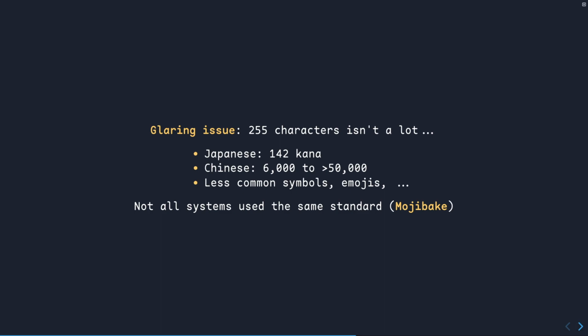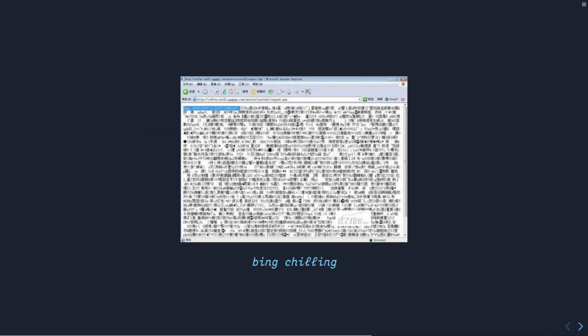And this is the cause for a concept called mojibake, from Japanese, where a text encoded with one standard gets decoded with the wrong standard, and you get basically gibberish that comes out, which looks like this. And this is, of course, not something you want. You want something which is universally applicable, which includes all languages, and hopefully is still a little bit fast.